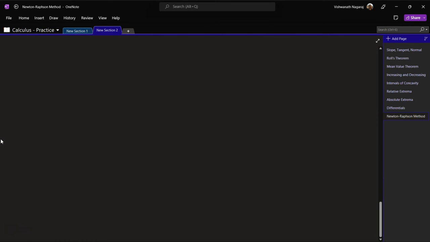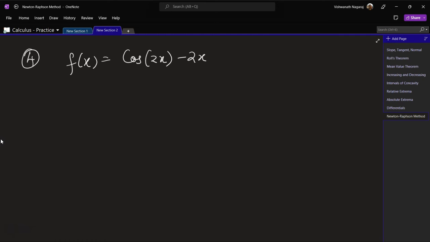Okay. Fourth one, f of x is equal to cos 2x minus 2x, and x naught is given as 0.6. So f prime of x is equal to, cos is minus, so minus sine 2x times 2 minus 2.